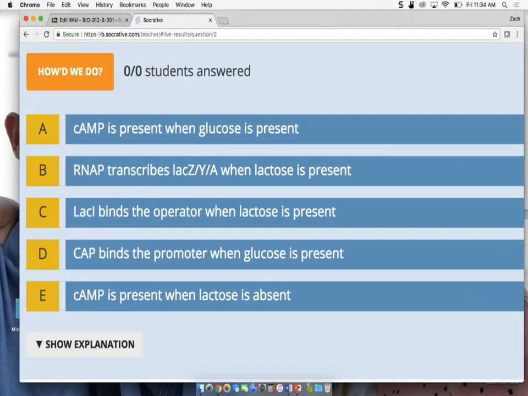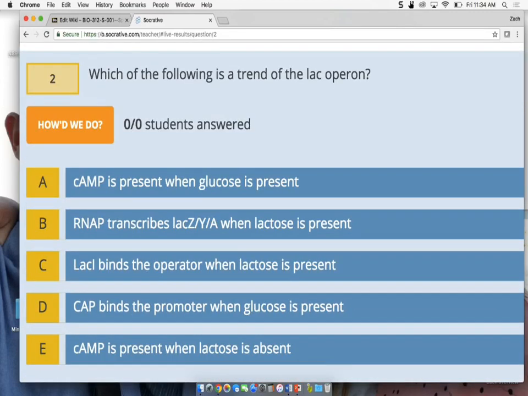Which of the following is a trend of the LAC operon? A, cyclic AMP is present when glucose is present. B, RNA polymerase transcribes LAC-Z, LAC-Y, and LAC-A when lactose is present. C, LAC-I binds to the operator when lactose is present. D, CAP binds the promoter when glucose is present.